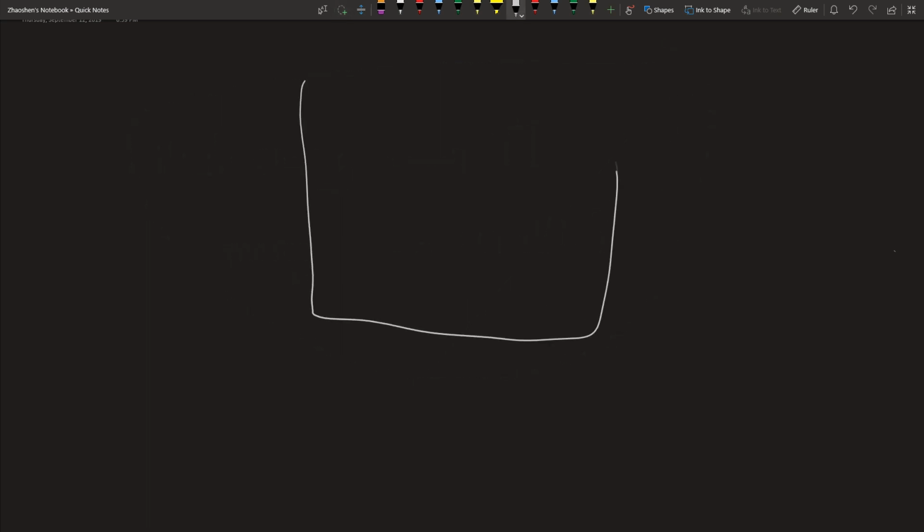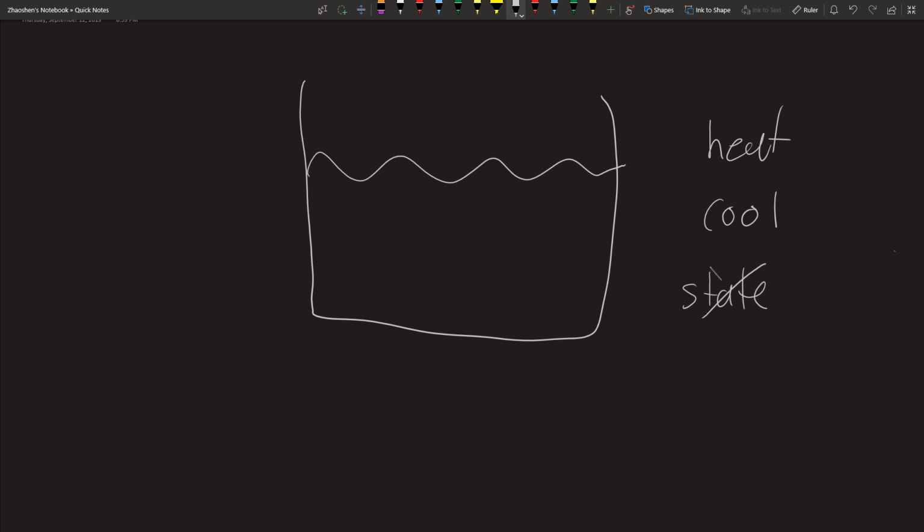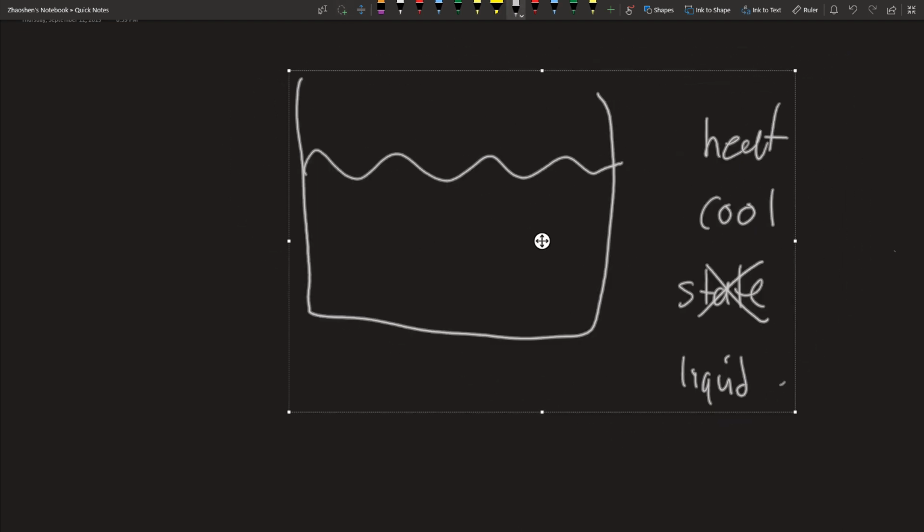Suppose you have a system of water, for example, and you're either heating it or cooling it, and we will not discuss state changes like ice or water until later because they have special cases, but just suppose you have only liquid water, and we're trying to heat it or cool it and play with the energy involved. We're going to explain this now. So, what is the specific heat capacity?